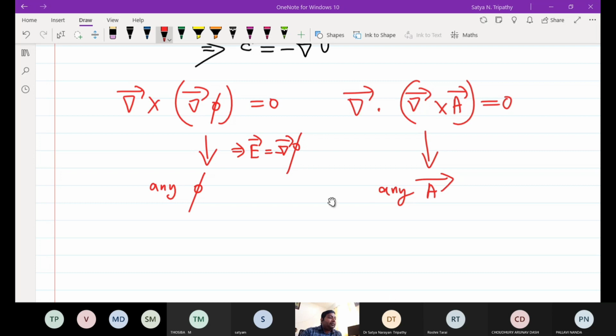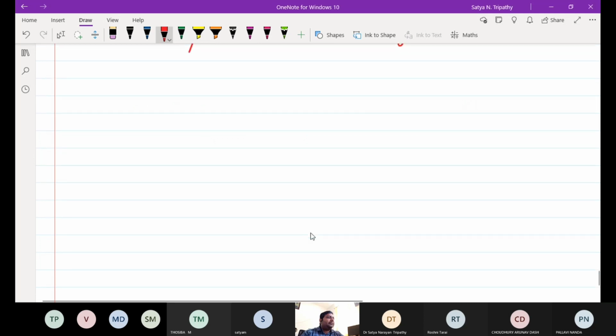Okay, so let me take another. Now, how will we implement these transformations to Maxwell's equations? That is the point. Okay, so let me do that first. Okay, so apply this potential.